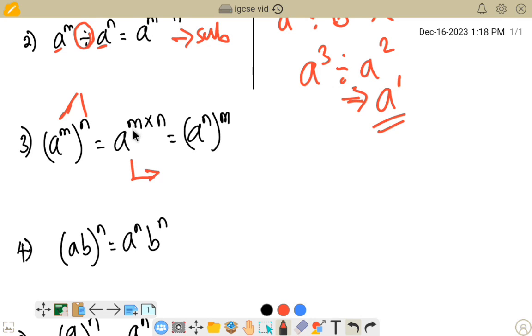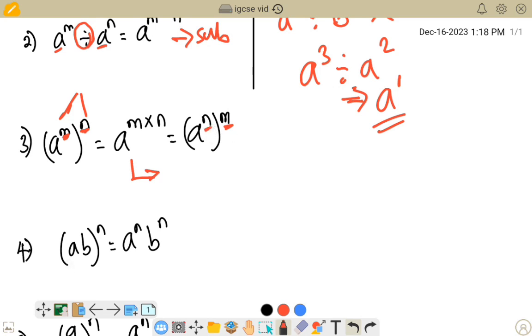So at the end of the day, you have a raised to the power m times n. This is also equivalent to bringing this n into the bracket. So a raised to the power m raised to the power n is the same thing as a raised to the power n raised to the power m. You can see that the powers have been interchanged. Here you have m inside the brackets, here you have it outside. So it's the same thing as having n outside and m inside here.